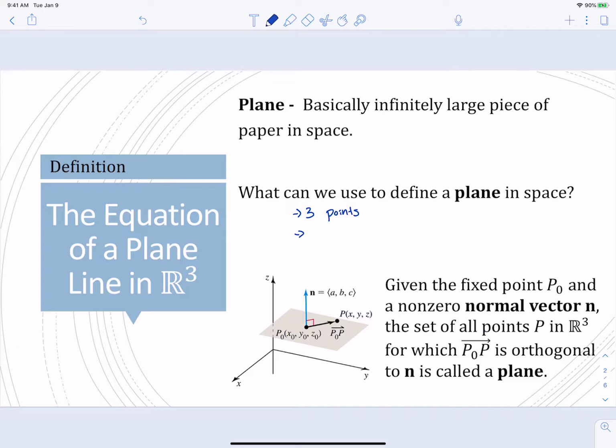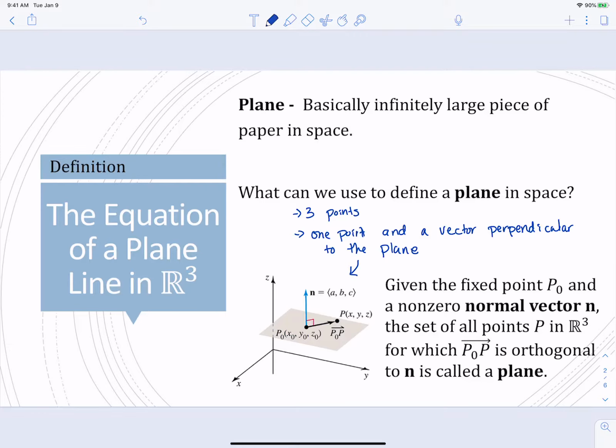But some other things that we could use to define a plane in space is 1 point and a vector perpendicular to our plane. So that's essentially the picture that we have right down here.